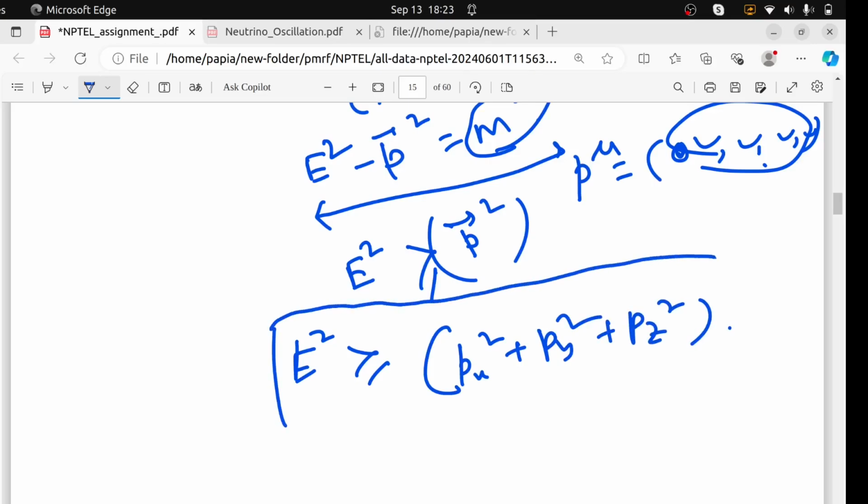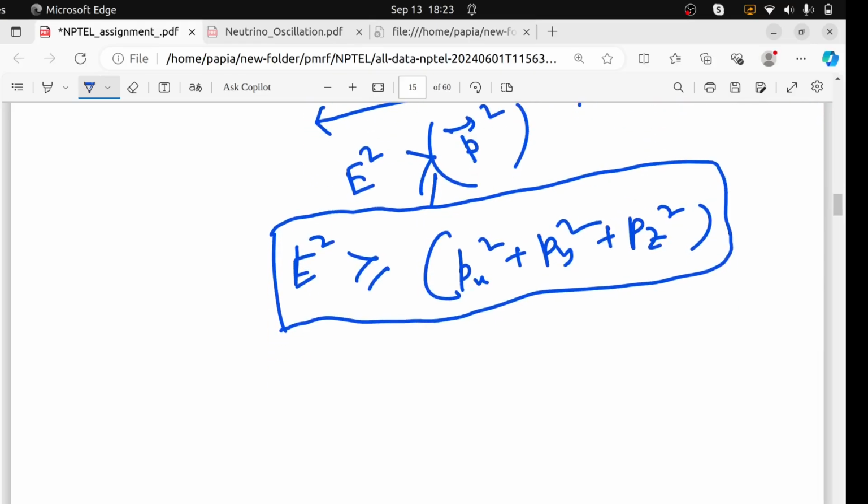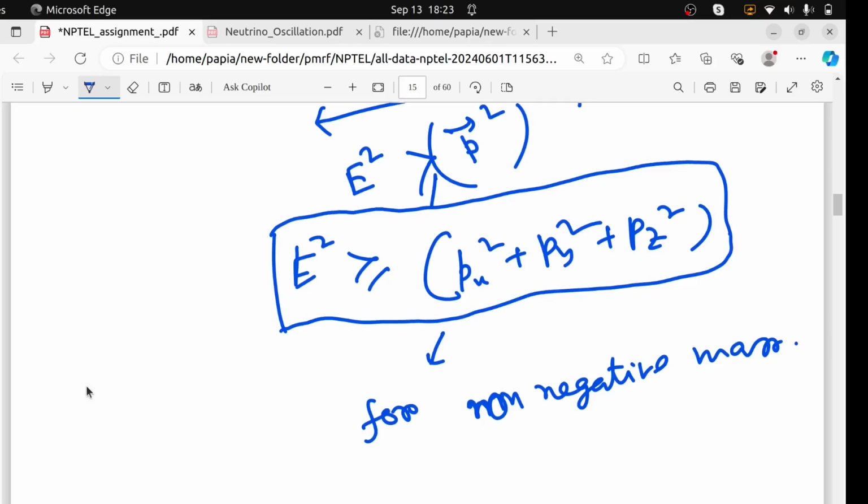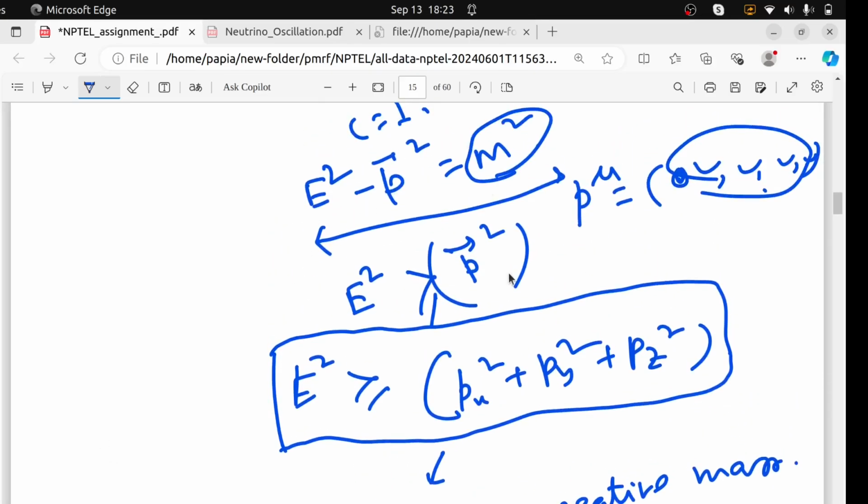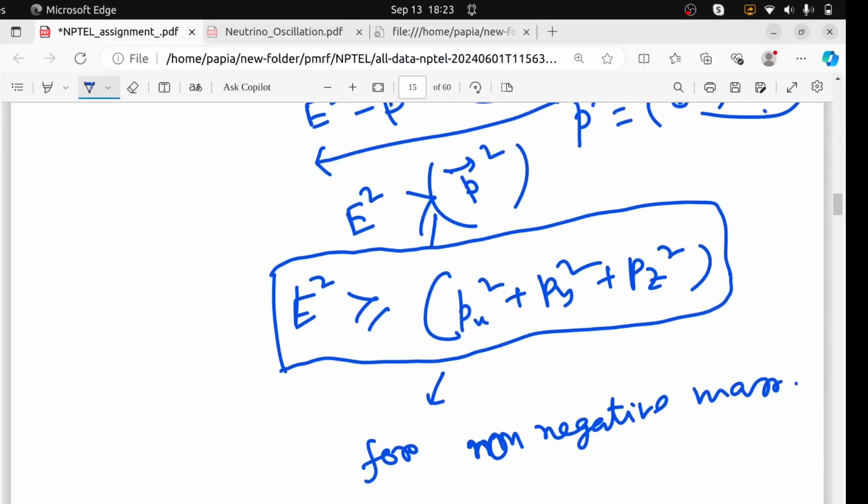This is the condition we have to satisfy in every case. Even if the mass is negative, m squared is there, so there is no problem. It should always be positive, so this will always hold. It can be equal or it can be greater.